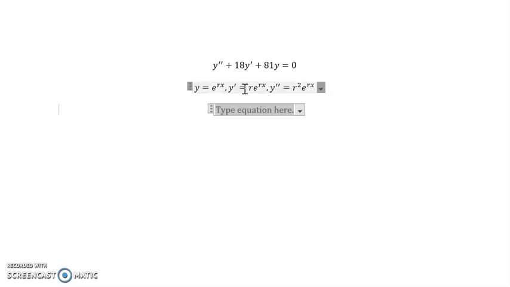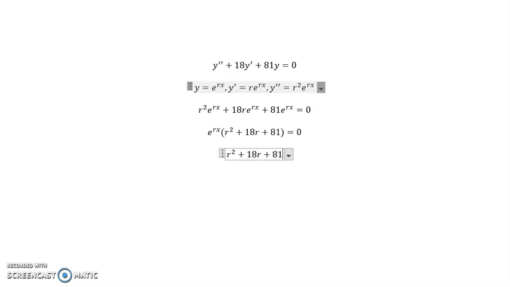And when we substitute these into our problem, e to the rx plus 18r e to the rx plus 81 e to the rx, we get an equation that has e to the rx everywhere.